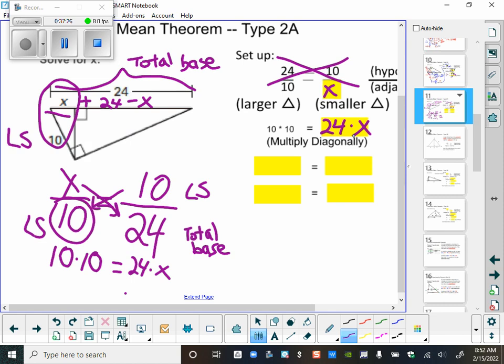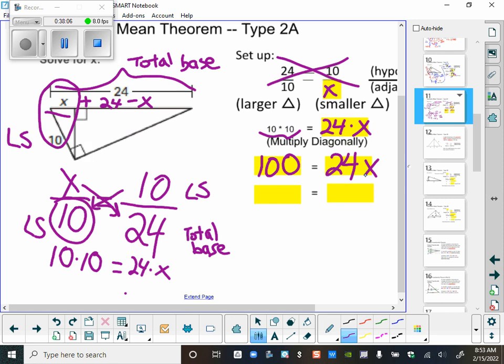And now we're at a point we can solve. Because what is 10 times 10? Who can tell us what 10 times 10 is? You don't even need calculators. Well, what is 10 times 10? 100. That's it. Yeah, 100 equals 24x. And then, what's our last step to get x by itself?